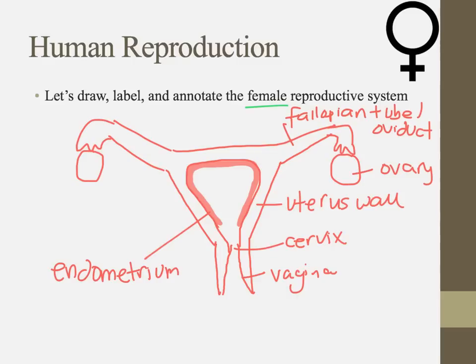Okay, so as we get more in tune with what's going on here, I'll just give you a little hint here. This egg is going to be released from the ovary. Okay, meanwhile, sperm is going to swim up through the vagina, through the uterus, through the fallopian tube, and where egg and sperm meet, that's where fertilization occurs. The fertilized embryo is then going to take its sweet time getting down here to the uterus, and it's going to implant in the endometrium, and then this is where the baby develops.